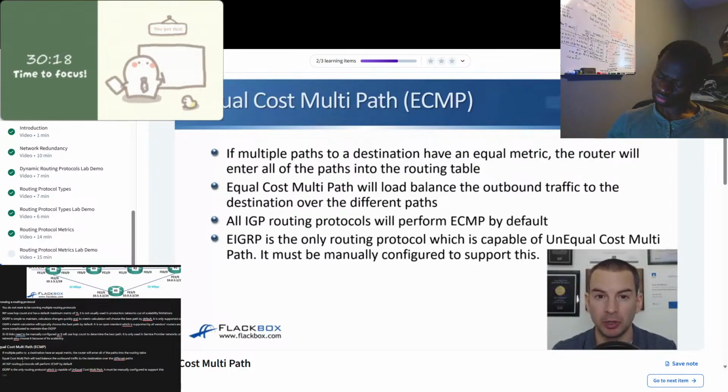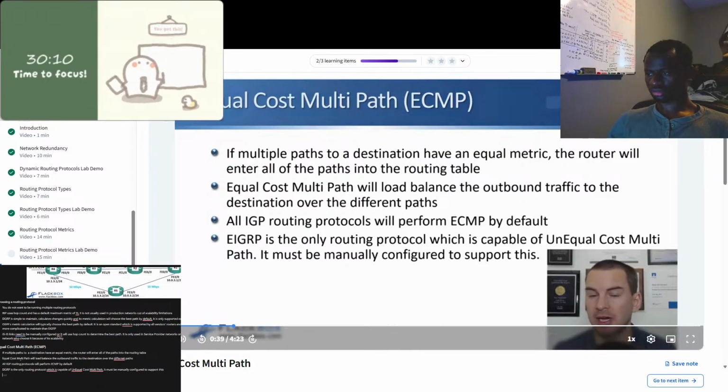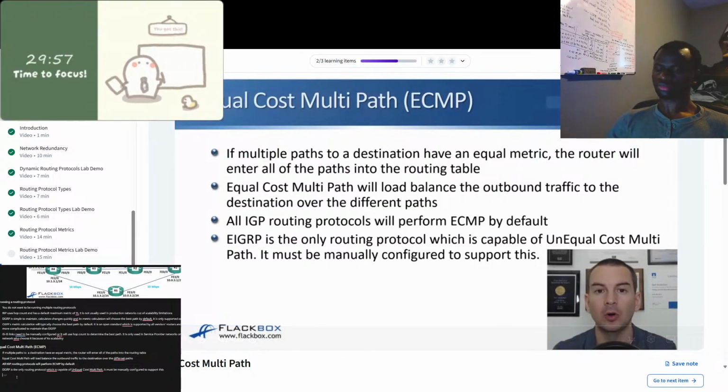And all routing protocols, all your IGPs, will perform equal cost multipath by default. So RIP will do it, ISIS, EIGRP, OSPF, they will all do equal cost multipath by default, meaning if they learn multiple paths to get to the same destination and those paths have got the same cost and it's the best path, it will put them all in the routing table and load balance across all of those paths.